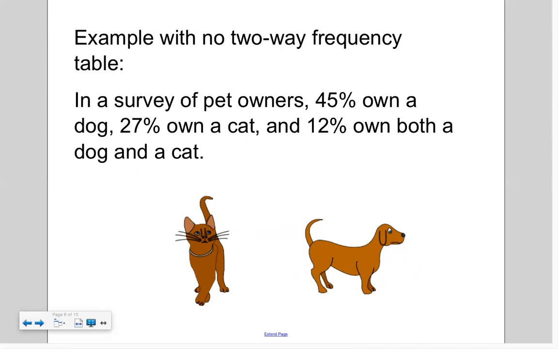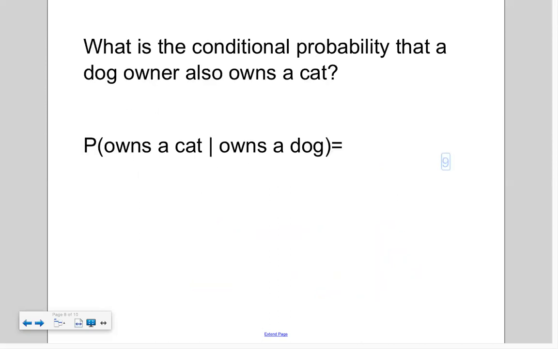All right, let's use our formula to answer a couple questions. Now, typically, the word given is the thing that's going to identify the condition. Sometimes it's not given. Sometimes you're told this happens. In this case, what's the conditional probability that a dog owner also owns a cat?